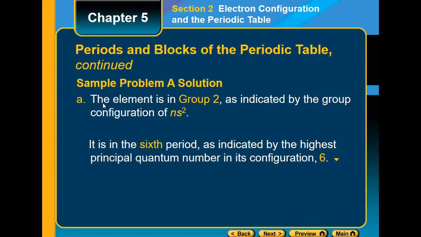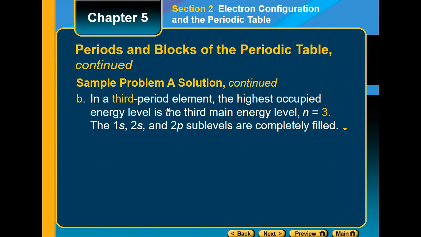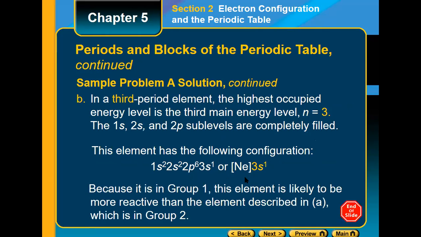We said the element is in group 2 because the sub-energy level S has 2 electrons, and it is in the 6th period because it is already in 6S, and it is in the S block. Then for the 3rd period element, the highest occupied energy level will be 3, and of course in the S level. So the electron configuration will be as we did. That is sodium. We find that because it is in group 1, this element is likely to be more reactive than group 2, exactly as we answered, guys.